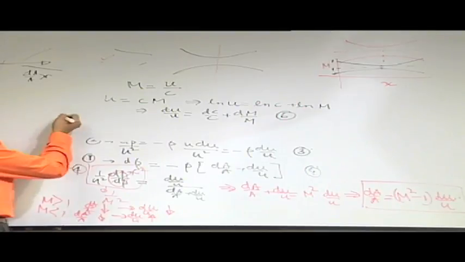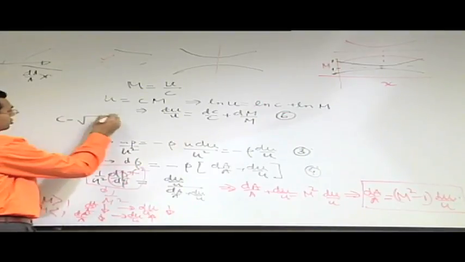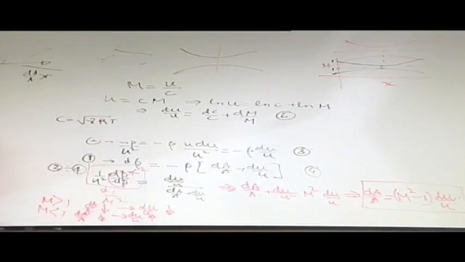Now we know that for an isentropic flow, we are writing all these equations for isentropic flows, C is equal to root over gamma RT.